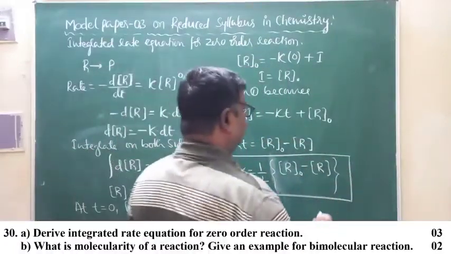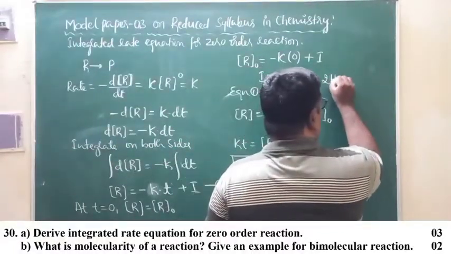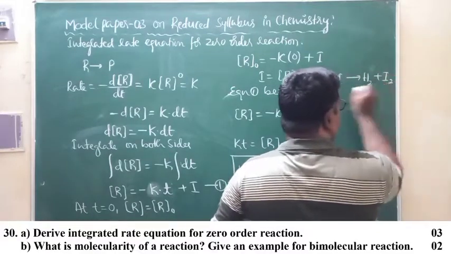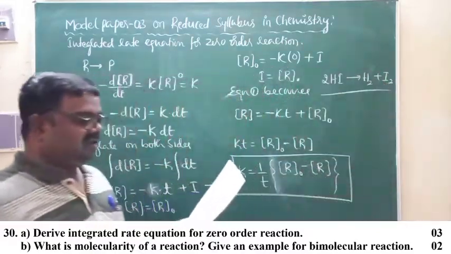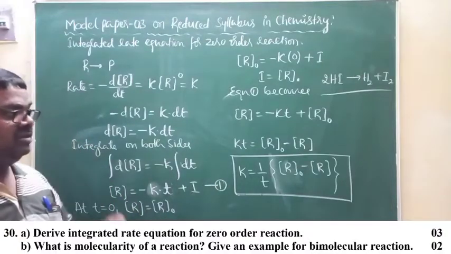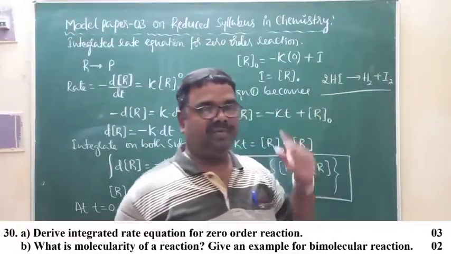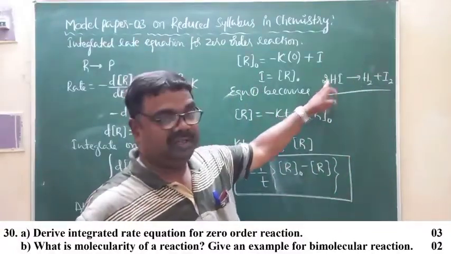Example for the bimolecular reaction is the decomposition of hydrogen iodide into H2 plus I2. Two molecules take part in this reaction and undergo simultaneous collision to form products. Therefore the molecularity of this reaction is 2.